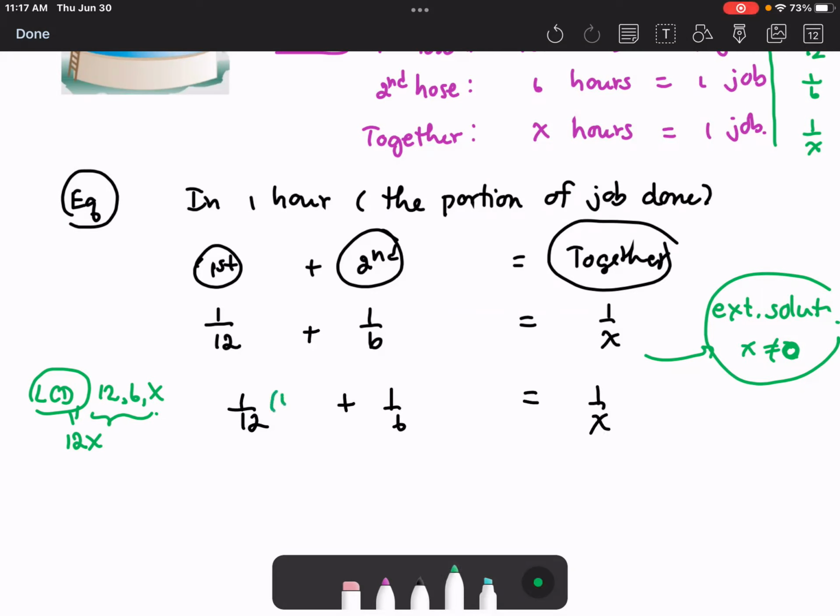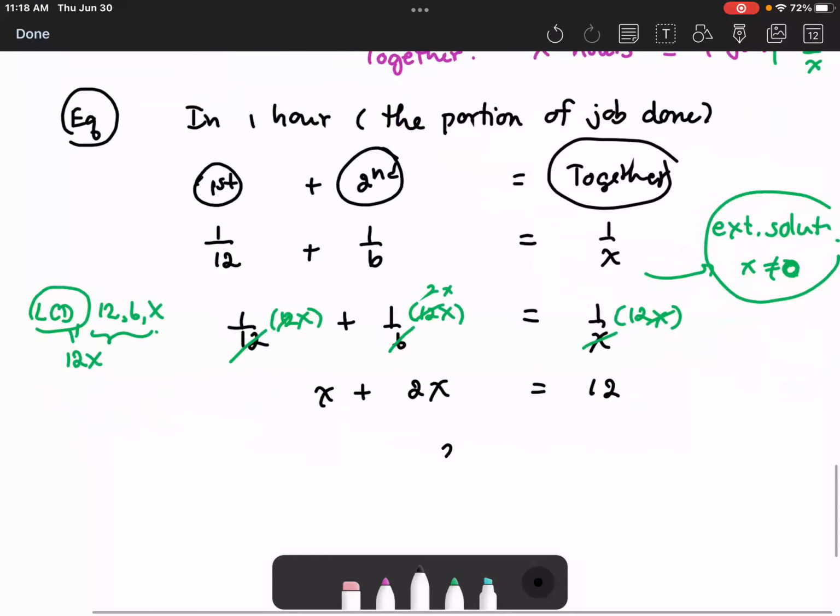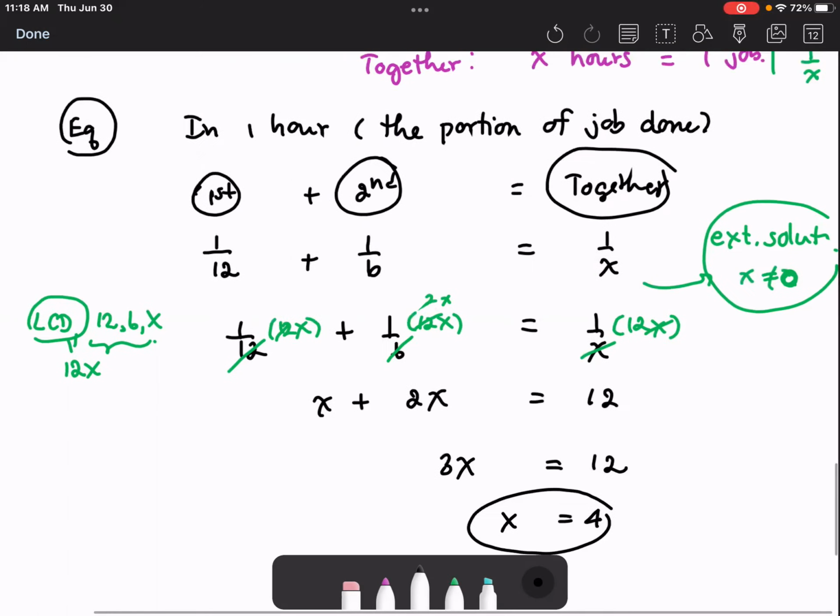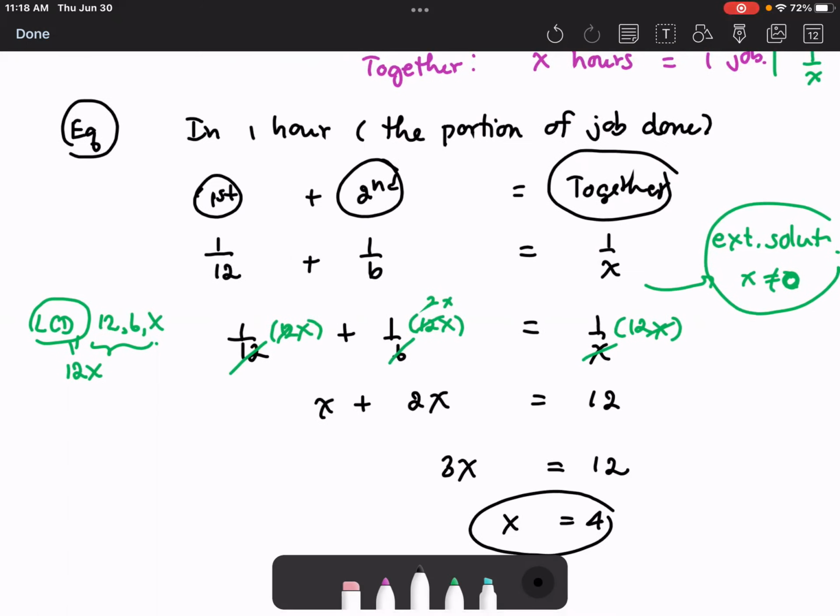Multiply by 12x: 12 and 12 reduce, 6 and 12 reduce to 2, and x and x reduce. Then we get x plus 2x equals 12, or 3x equals 12, which gives us x equals 4 as the number of hours that both hoses are used together to fill up the swimming pool.